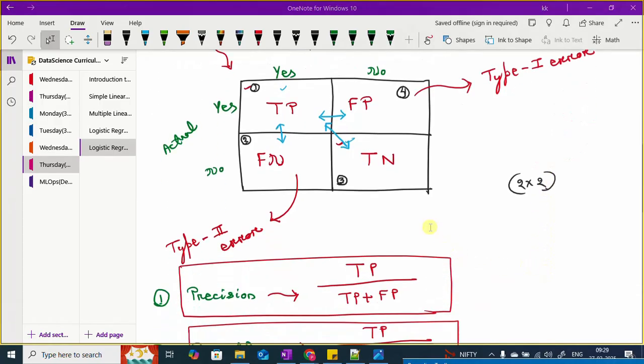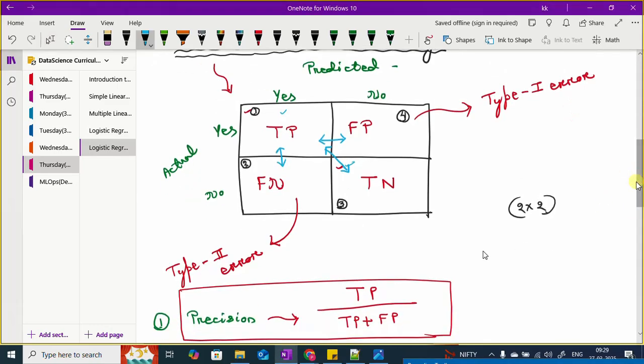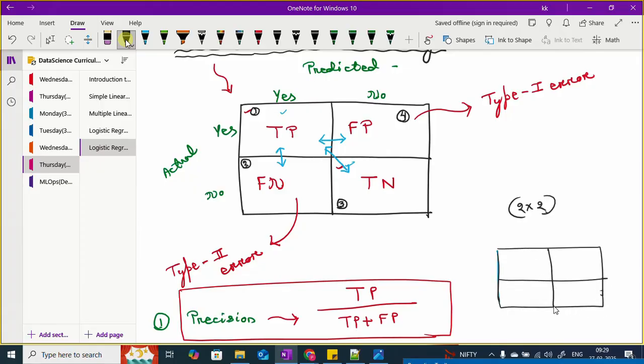Let me draw a small diagram here so that you can compare. Let me use the black color. Here you have taken actual, right?